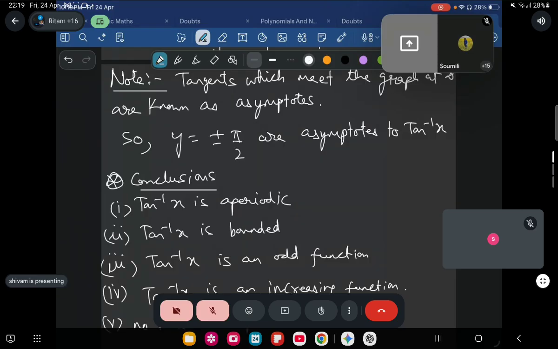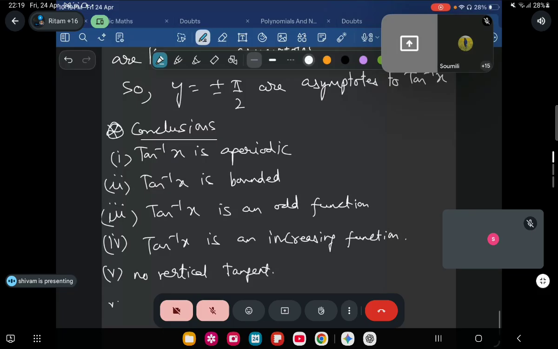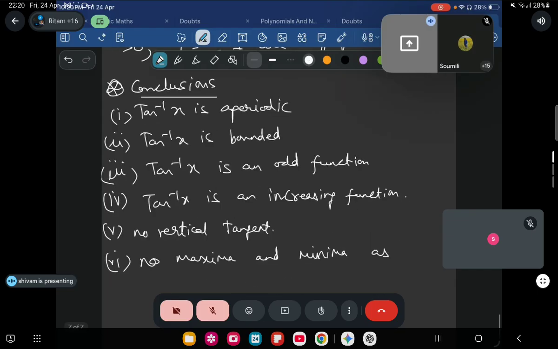Next, number 6. There exists no maxima or minima, as range is open minus pi by 2 to pi by 2. So there exists no maxima or minima.